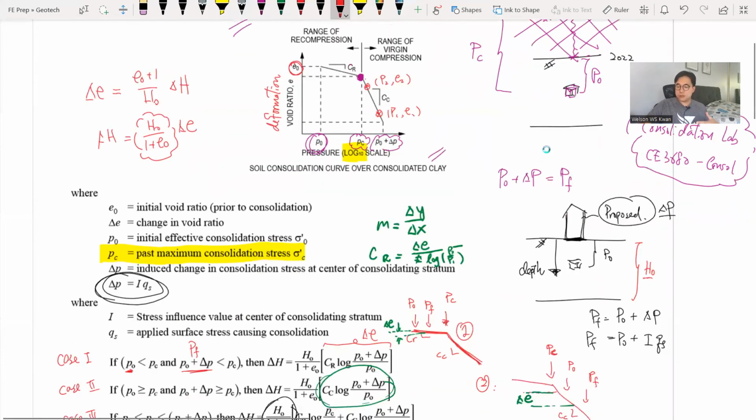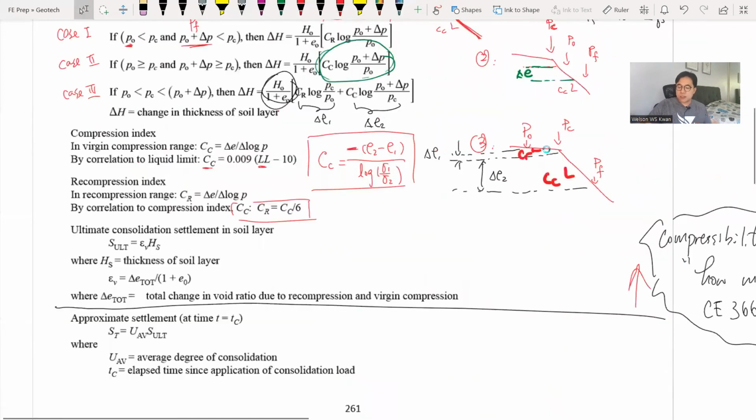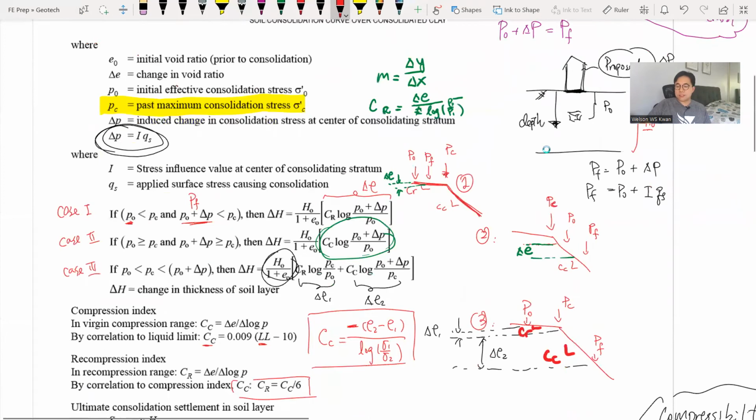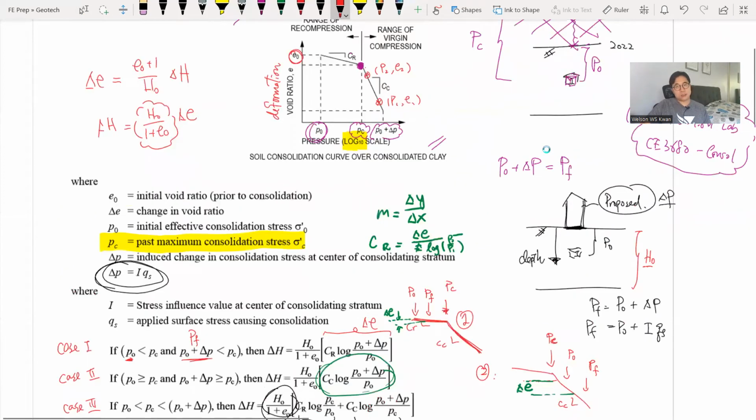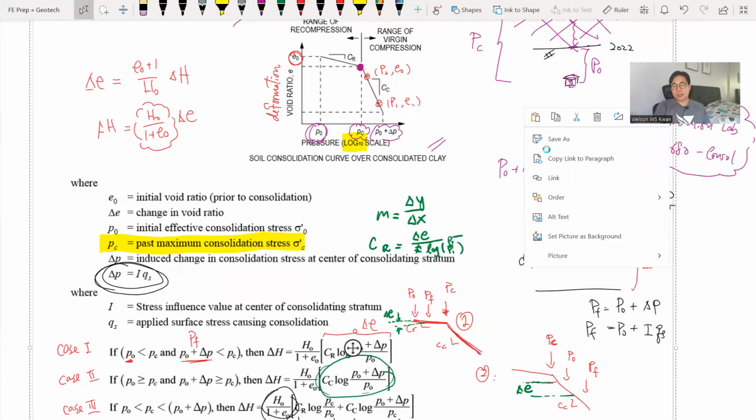And by how much? This correlation is telling us that in general it is about 6 times. So the slope of C sub C is in general 6 times greater than C sub R. But again, that is a very weak empirical correlation. It highly depends on the soil type. As you can imagine, if you have very sensitive organic soils, the slope difference could be greater.